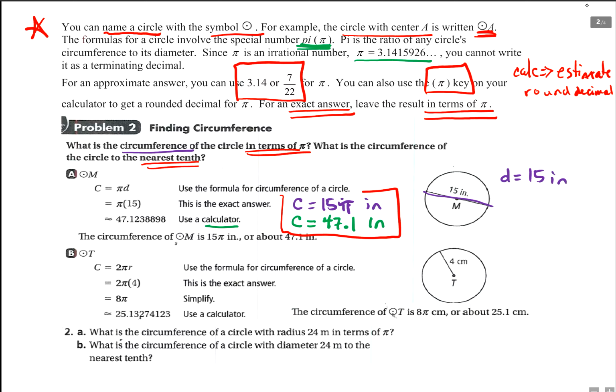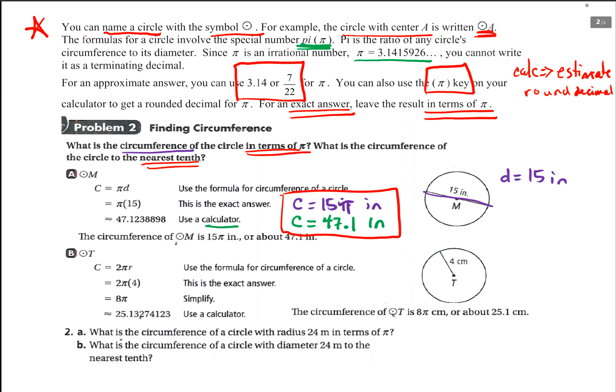Both of these answers essentially say the same thing. One of them is accurate. 15 pi is an accurate answer, but you can't take that to the lumber store and say, I need 15 pi inches of wood. Instead, we would round that. This is situational.